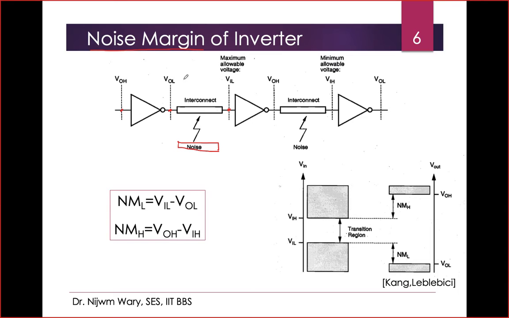That's why for this lower end we define VIL minus VOL as the noise margin. This is from the input region, and this is from the output.